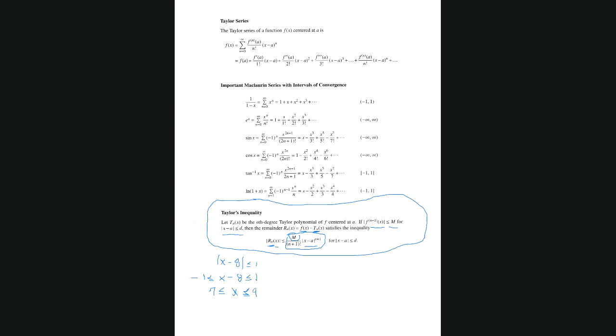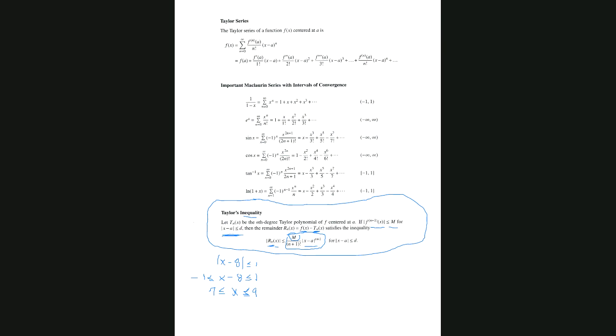So in the Taylor inequality formula, when they have the absolute value of the n plus first derivative less than or equal to M for when the absolute value of x minus a is less than or equal to d, that's equivalent to just saying when x is between two values.